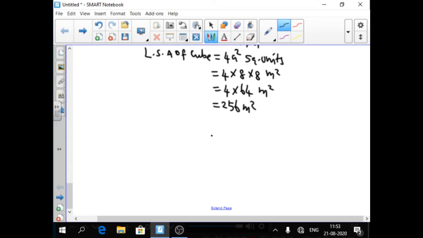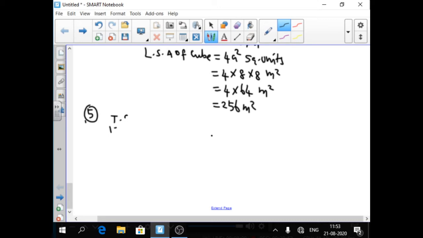Next, fifth problem. The total surface area of a cube is 2400 centimeter square. Then find its lateral surface area. So total surface area of cube is 2400. So find its lateral surface area. What is the given value about the total surface area of the cube?